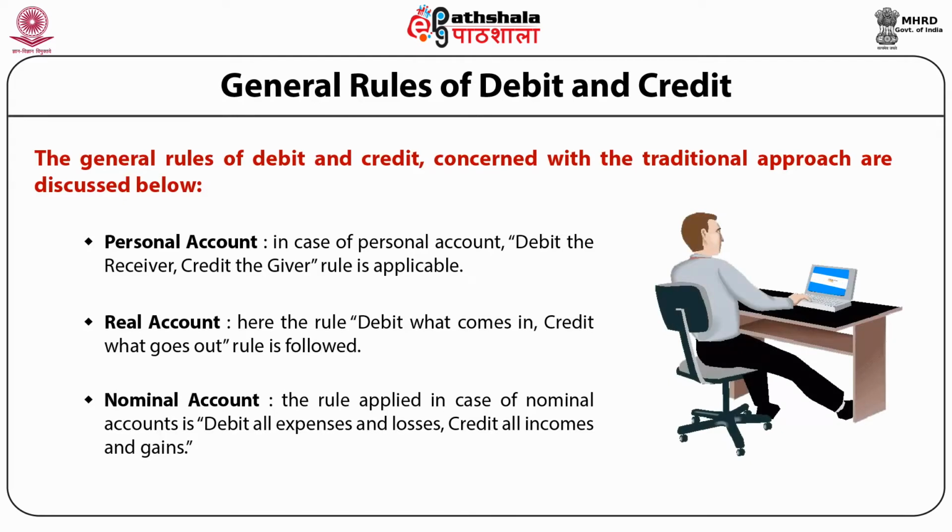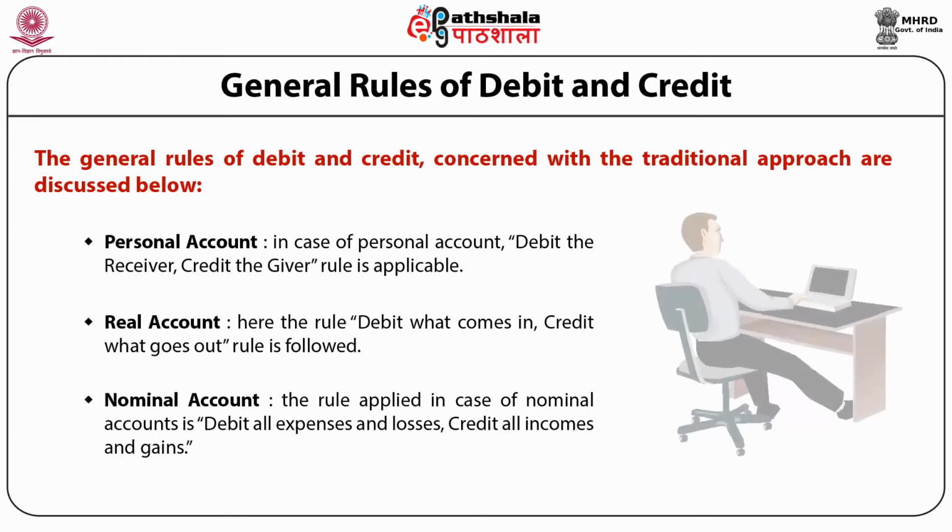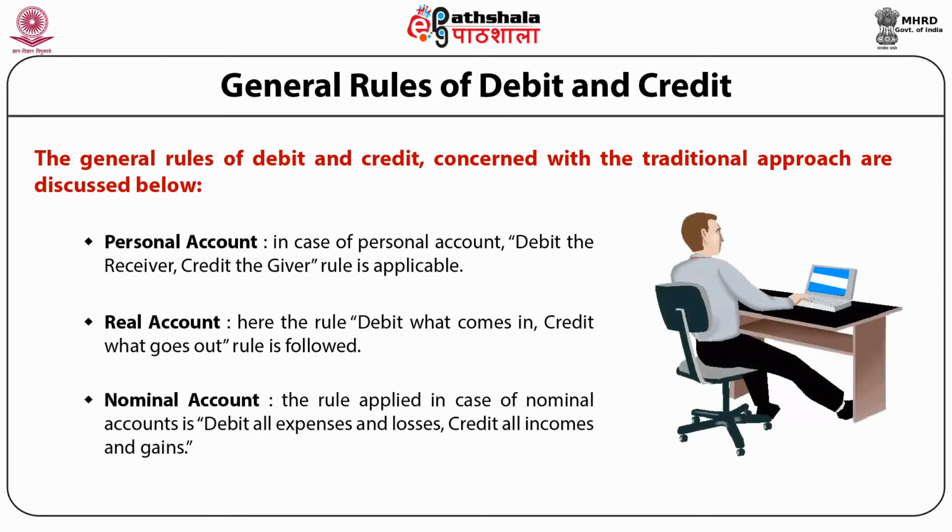The real account rule, debit what comes in, is applied on the cash account, thereby debiting the cash account by rupees 30,000. On the other hand, Rajesh being a personal account is credited, as the rule for personal account says, credit the giver. So the following entry will be made: cash account debit rupees 30,000 to Rajesh account rupees 30,000.